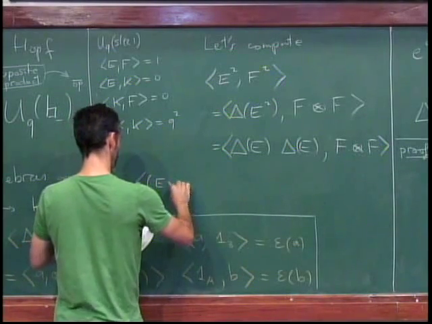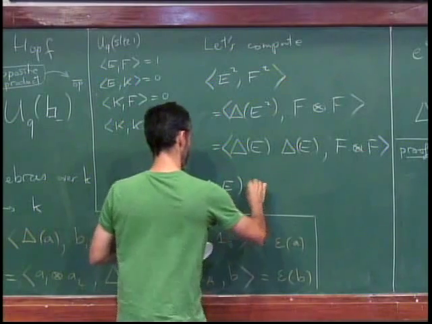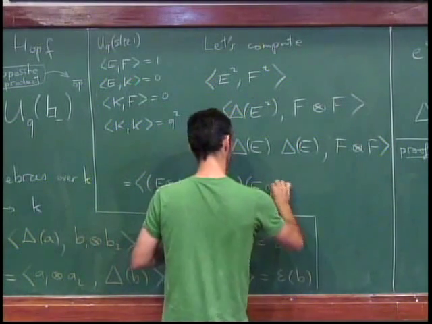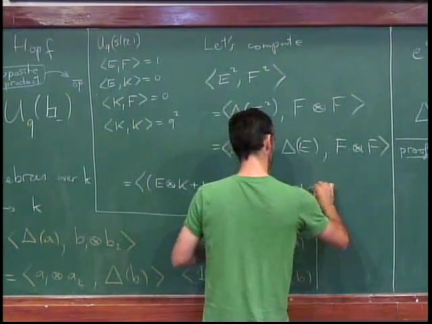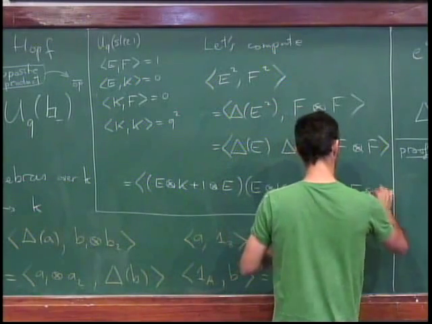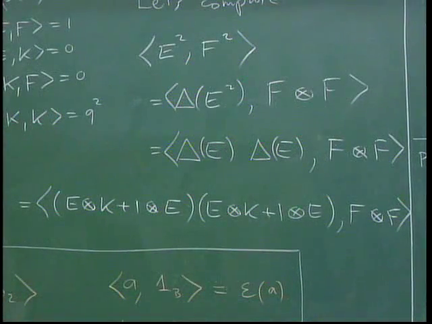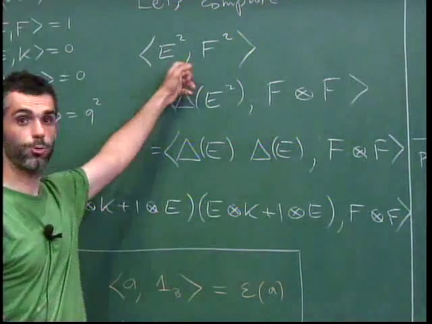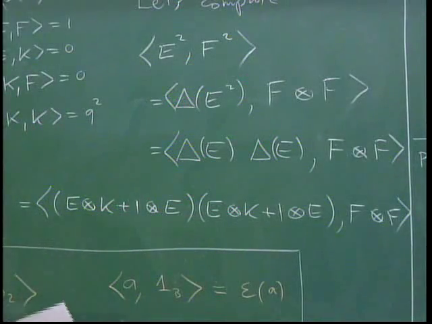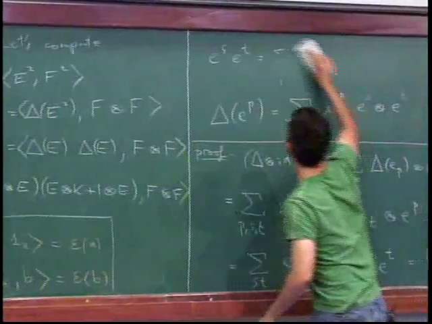So (E tensor K plus 1 tensor E), (E tensor K plus 1 tensor E), paired with F tensor F. You already get a feeling why you don't want to do expressions that are too complicated. Anyways, this one actually can be done in a reasonable amount of time.